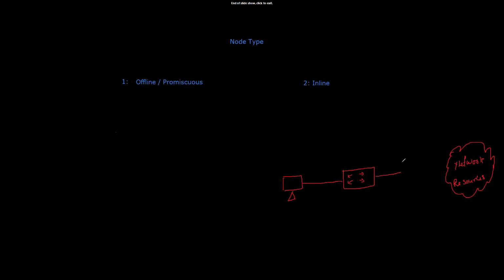And what we have done here, we have deployed Cisco ISE. This is the Cisco ISE that we have deployed over here. This is one type of diagram. Another type of diagram is we have the same network resources, and a user who wants to connect via a switch and access network resources.